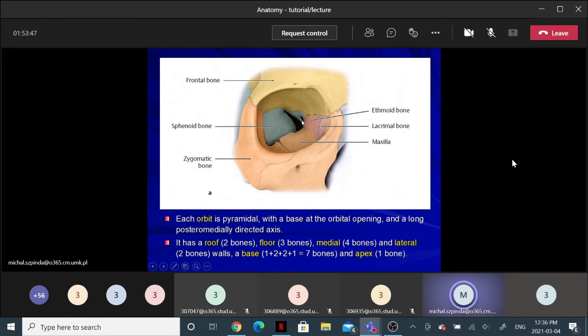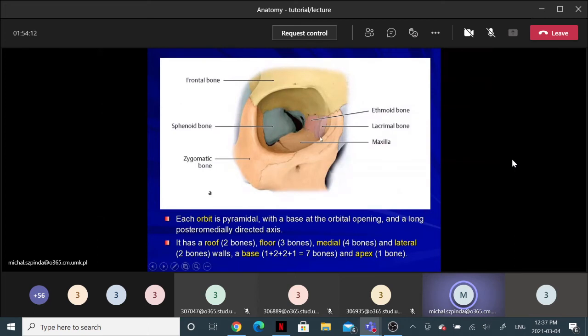Its apex refers to the optic canal. So here is the apex. What's typical of the structure of the orbit? Apart from its base and apex, it has 4 walls.